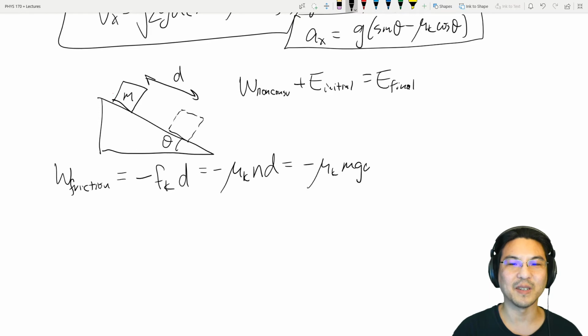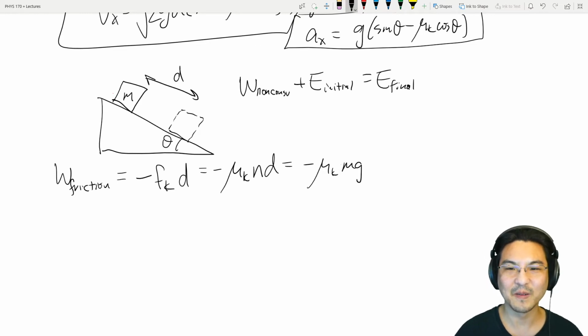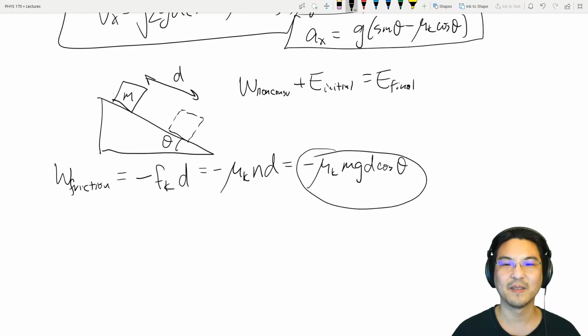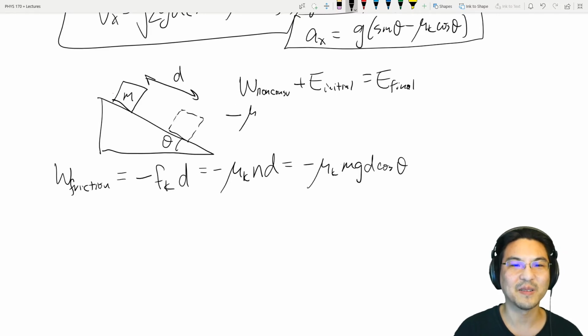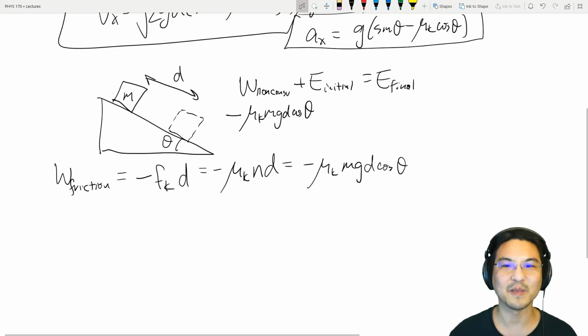And mg cosine theta, and then I'll put the d over here. Okay, so we got the work by friction right here. Work by friction, minus. Okay. Now, let me move this to make some space.